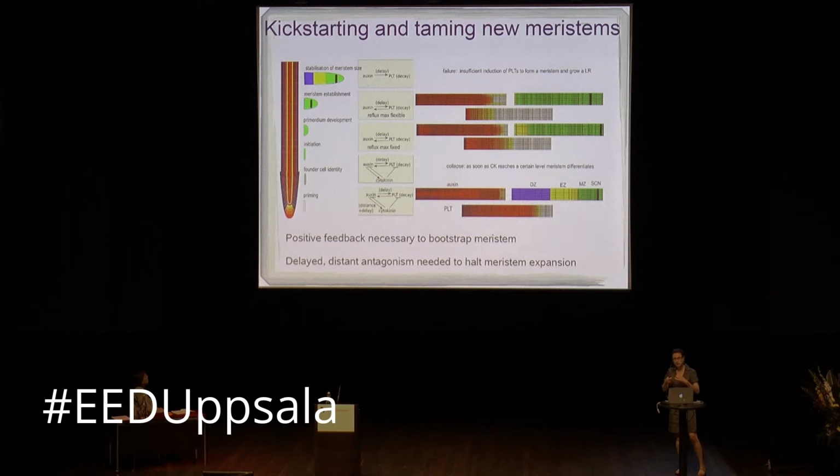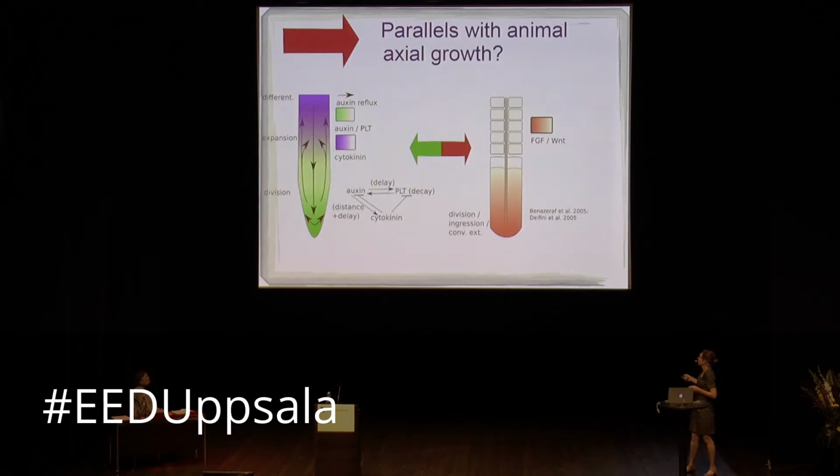And that helps to first have this startup phase of making a meristem, growing a meristem, and then only at a certain stage put a brake on it. And we're now working on the exact logic of how you can do that at a distance and with a delay.